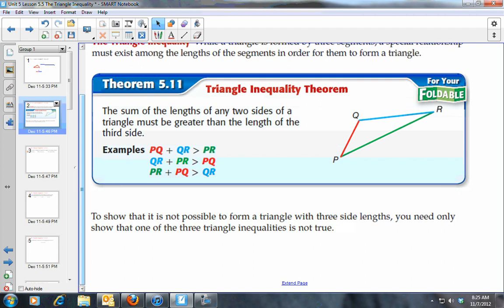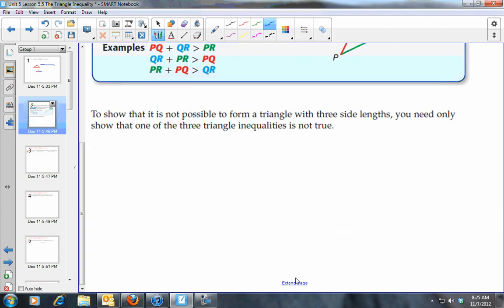Okay? So, for instance, if we had 6, 7, and 5. The two shortest sides are, and we have to assume that our unit of measurement's consistent, okay? We're not talking centimeters for one and feet for the other, they're all the same unit, whatever that unit happens to be. If I add the two shortest ones, is it greater than the length of the third side? Yes. I don't even have to bother checking the others.